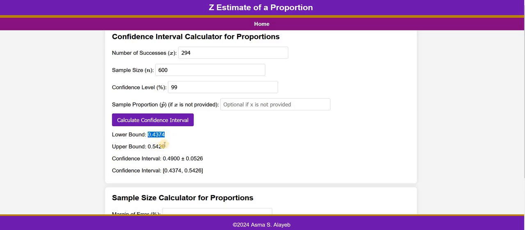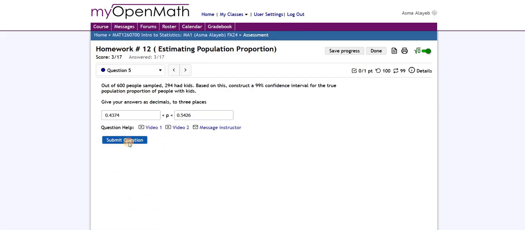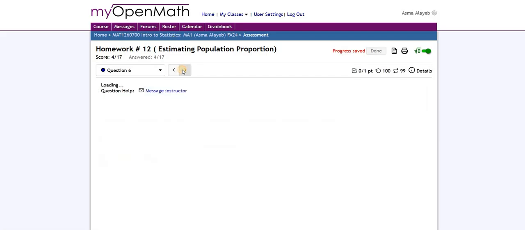Sometimes the lower bound and the upper bound are given separately. Sometimes you will give in the p hat plus or minus the margin of error as the confidence interval. Sometimes it is between parentheses like that. So it's the three, which is basically this is the lower bound and the upper bound. And you can write it in the three notations in this case. And then you're going to submit your question and etc.